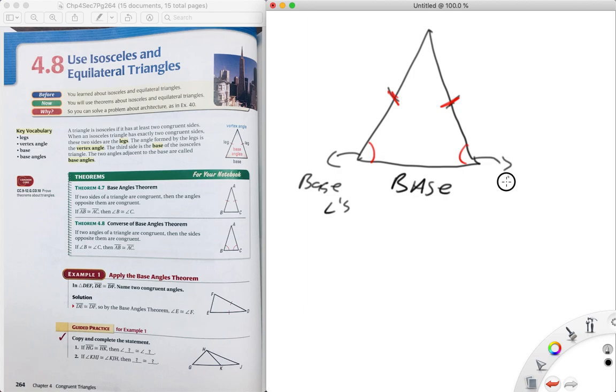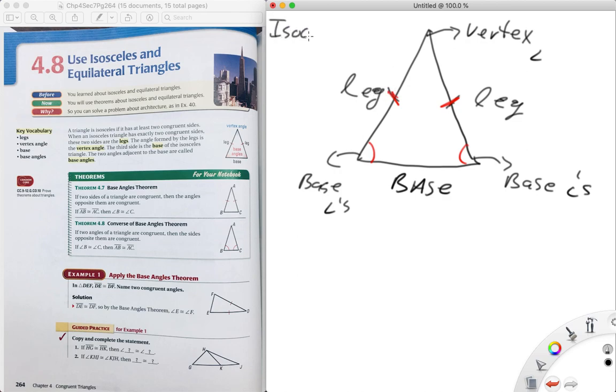There are always two base angles. The non-congruent angle is called the vertex angle. The two congruent sides are called the legs. So this is an isosceles triangle.